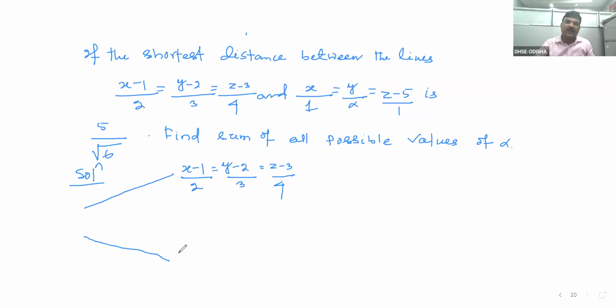The second line is (x minus 0) upon 1 is equal to (y minus 0) upon alpha is equal to (z minus 5) upon 1.